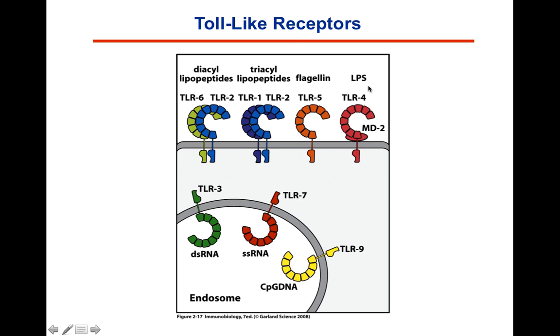Others can recognize LPS, lipopolysaccharide, and they're given here as monomers that bind. And when you see these two crescent-like molecules, in this case they form a heterodimer, TLR6 and TLR2. Another heterodimer binds the triacyl lipopeptides, so it's TLR1 and TLR2.